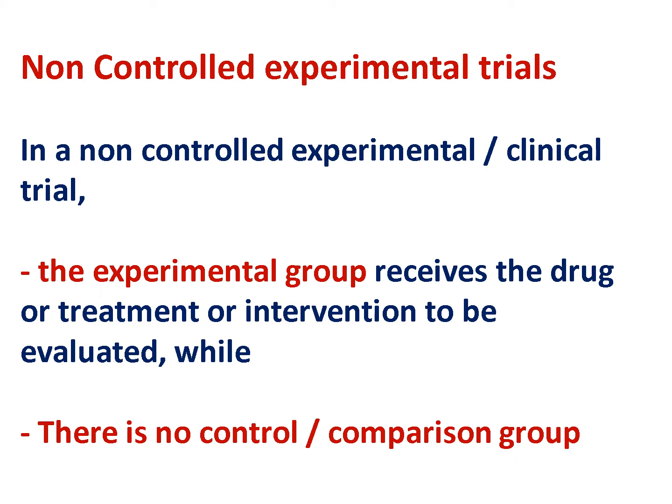Non-controlled experimental trials. In a non-controlled experimental trial or non-controlled clinical trial, the experimental group receives the drug, treatment or intervention to be evaluated, while there is no control group or comparison group.